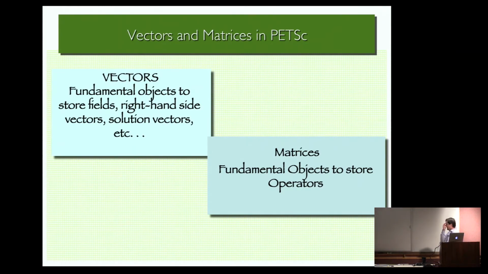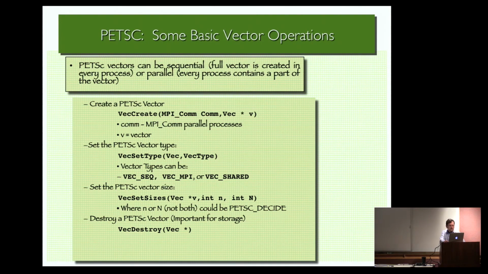For matrix algebra, of course, vectors and matrices are some of the fundamental data structures that you need for this to work. This is the way you would go about creating a PETSc vector. You say VecCreate. It's like a C++ constructor, but it has to work in Fortran and C in addition to C++.